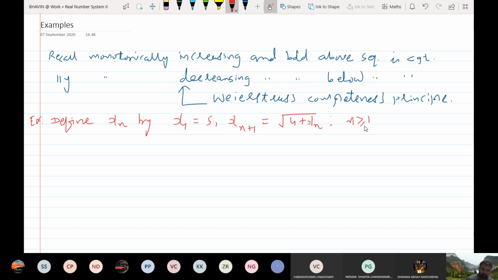If you put n equal to 1, then you can find x2. Then show that xn is convergent and find its limit.